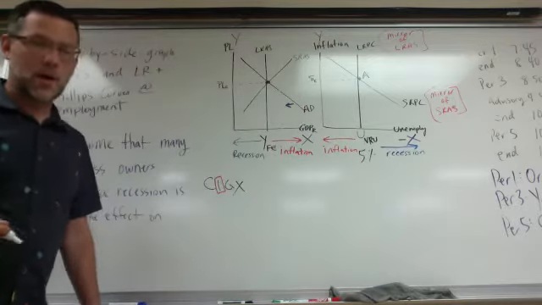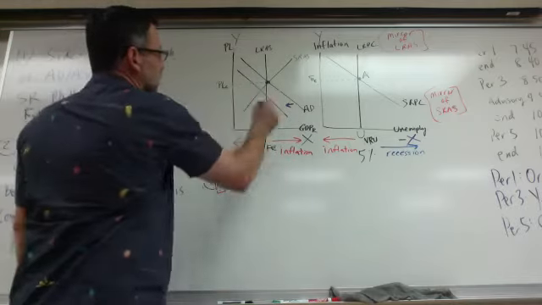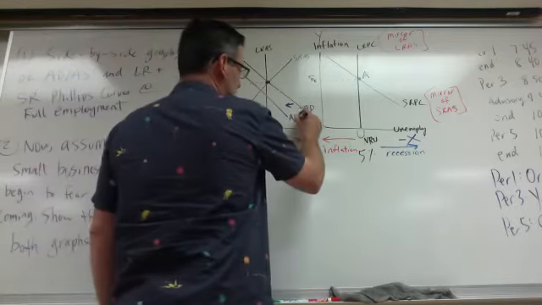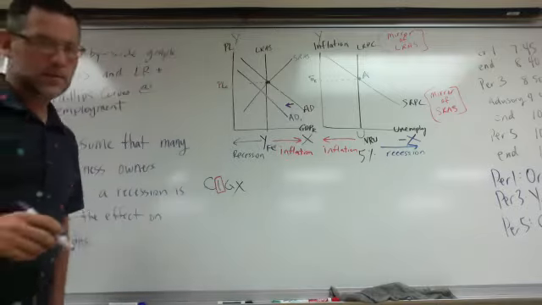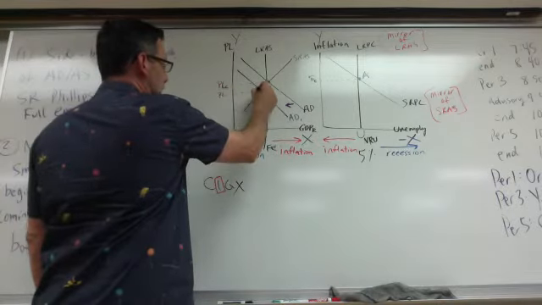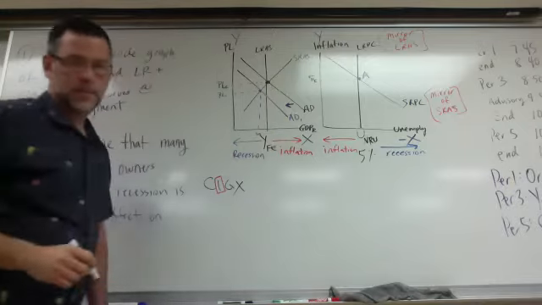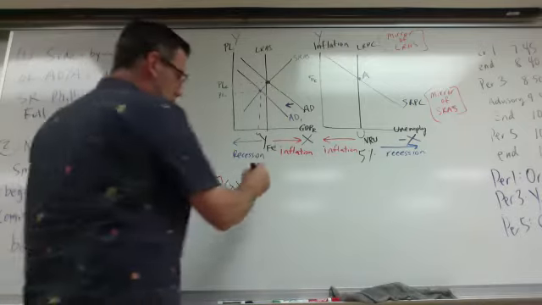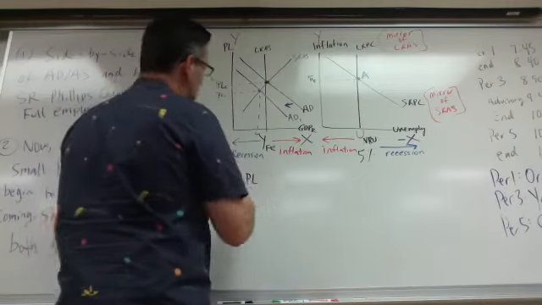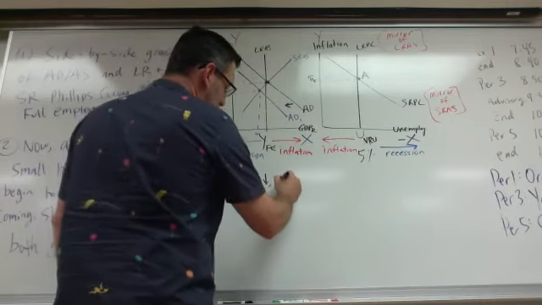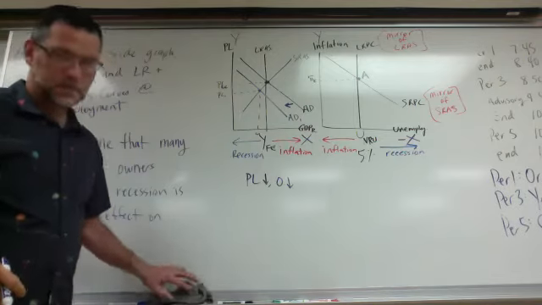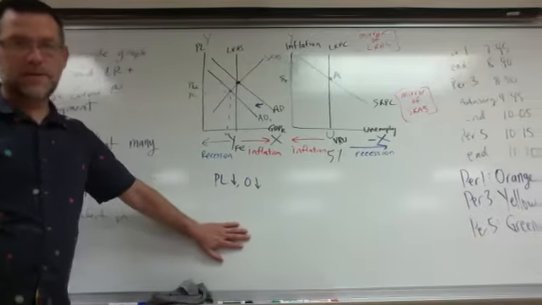So we draw our arrow, we draw our parallel curve, we label it, we identify our new equilibrium. And we report out what's happening. My price level is falling. My output is falling.